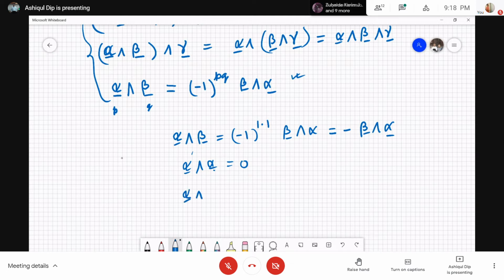Alpha wedge alpha is equal to -1 to the power p squared. So it will be +1. No, it's not going to be +1. For p odd, sorry, when p is odd, then obviously it equals minus alpha wedge alpha.